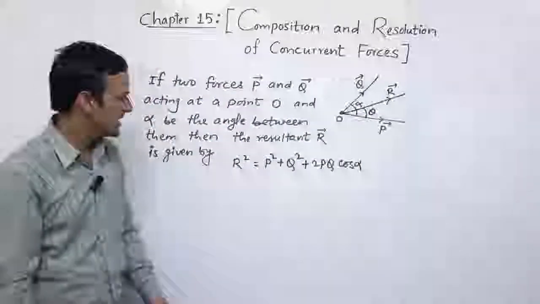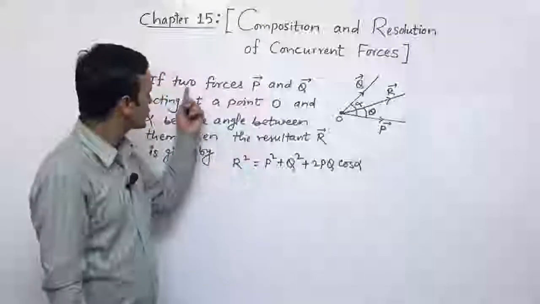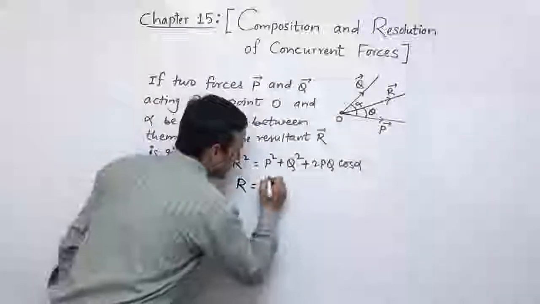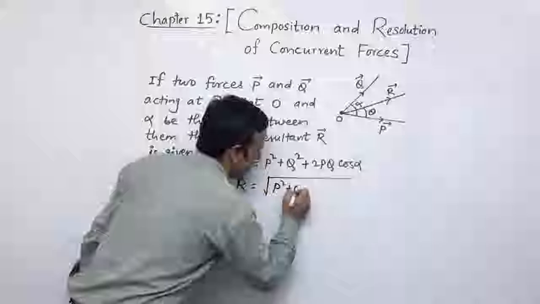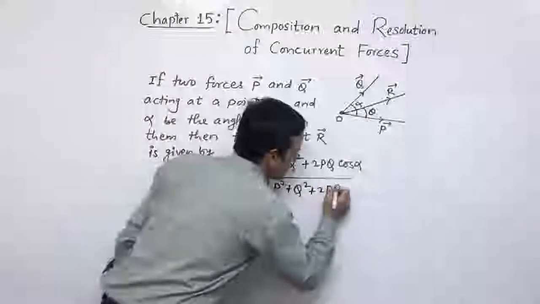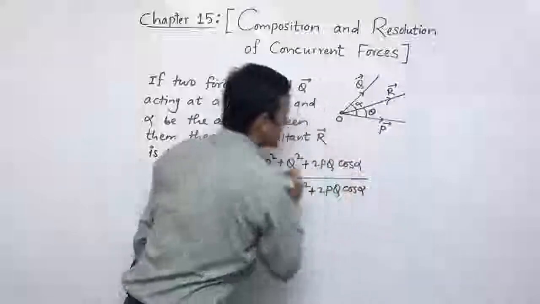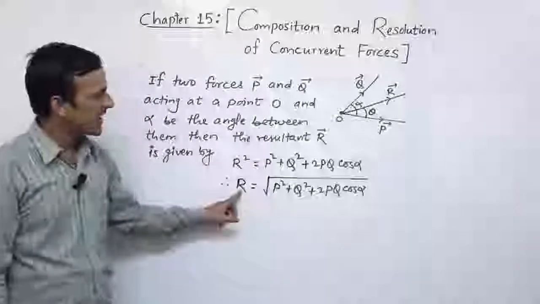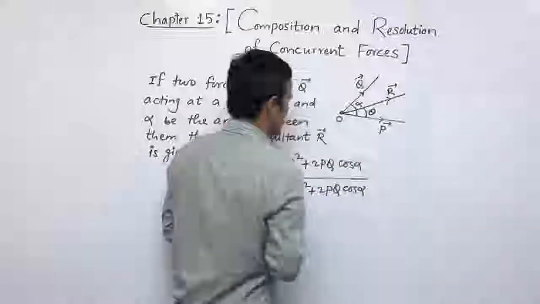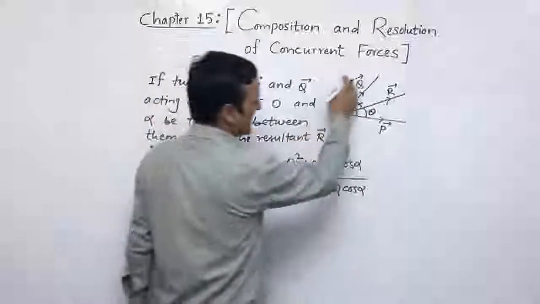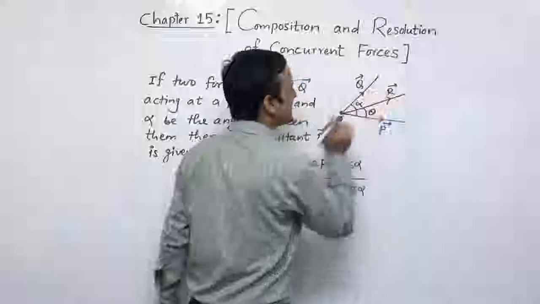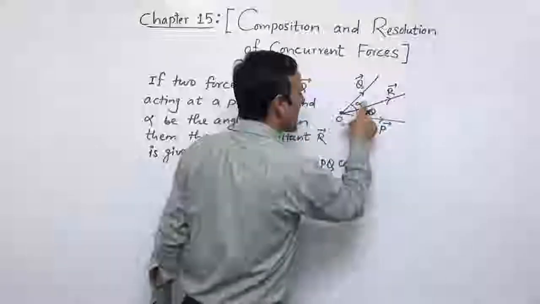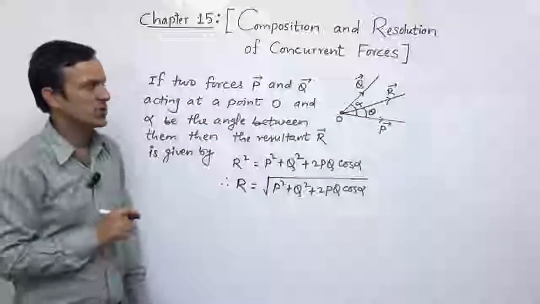So this is the formula to find the resultant of two forces. Removing the square, we can also write it under a root like this: P square plus Q square plus 2PQ cos alpha. This is the formula to find the resultant of any two forces, where the resultant makes an angle theta with force P. According to the adjoining figure, we have two forces whose resultant is R, which makes angle theta with force P, and alpha is the angle between P force and Q force.